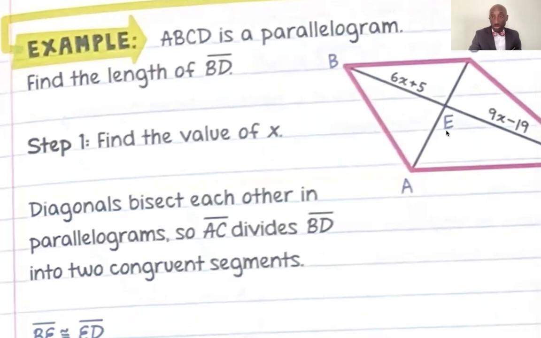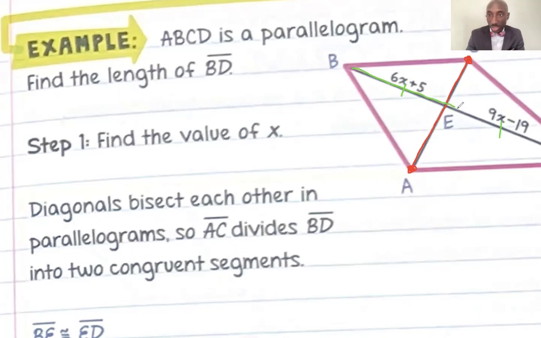So AC divides BD into two congruent segments. Even though I know it doesn't look that way, this and this are congruent based on what we know.